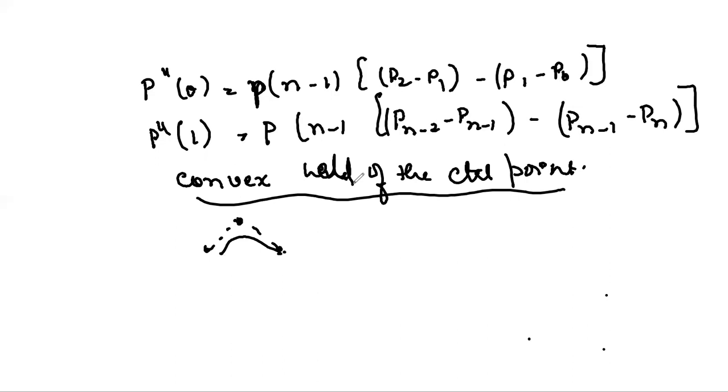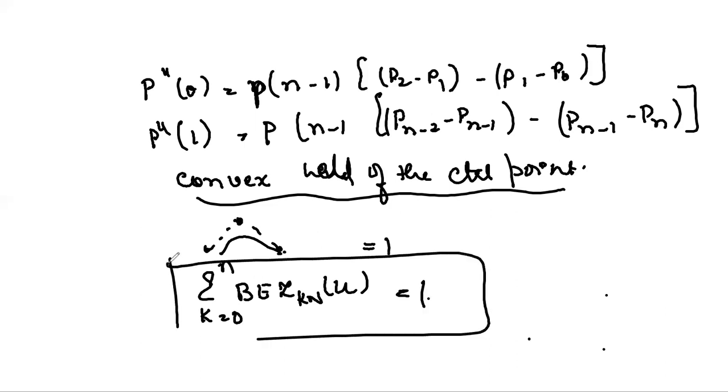Because of this property, the Bezier blending functions are always positive and their sum is equal to 1. That is, the summation of BEZ k,n of u, for k equal to 0 to n, is equal to 1. This is our second property.